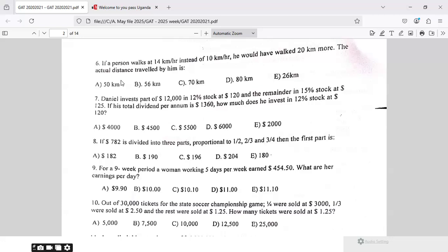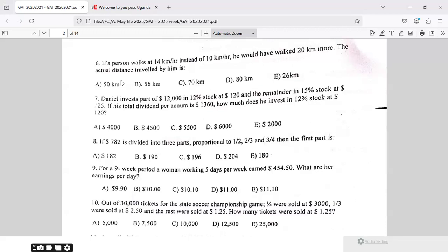Meaning these 20 kilometers are equivalent to the difference, because now the difference is that extra of 4. Remember, instead of 10, he walked 14. Then he would have walked 20 kilometers more.